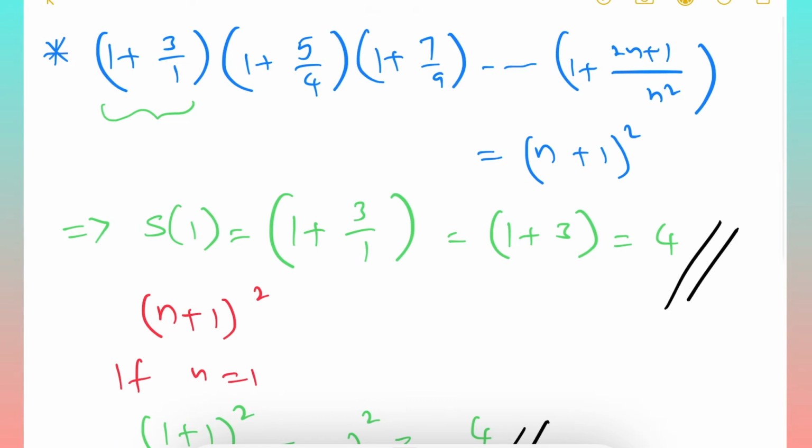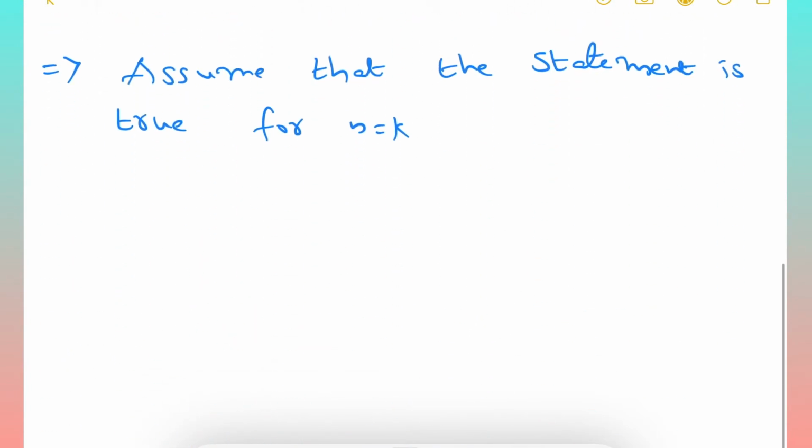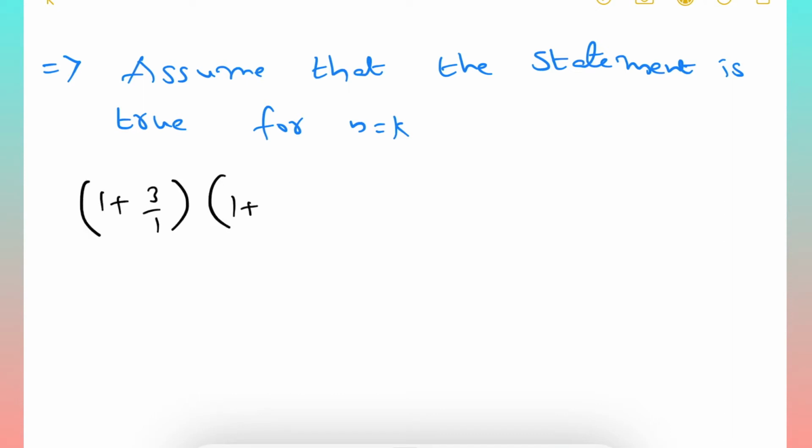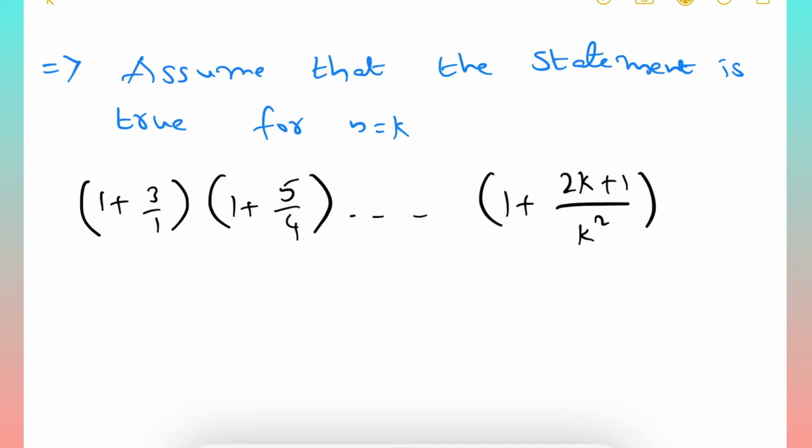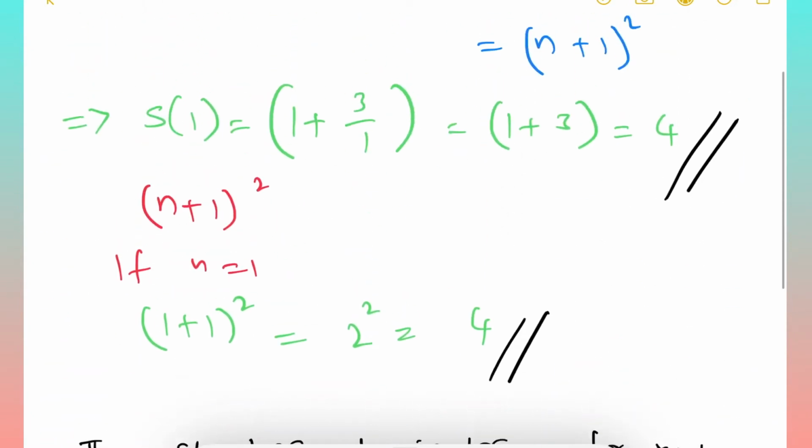1 plus 3 by 1 into 1 plus 5 by 4 into 1 plus 7 by 9 and so on. 1 plus 2n plus 1 divided by n square is there. So in the place of n, substituting k: 1 plus 3 by 1 into 1 plus 5 by 4 and so on into 1 plus 2k plus 1 divided by k square, which is equal to, now observe the RHS.